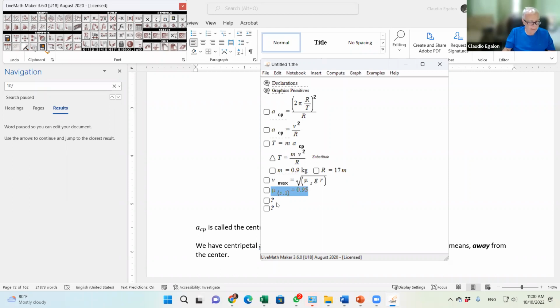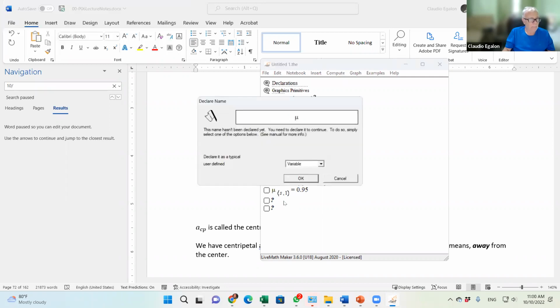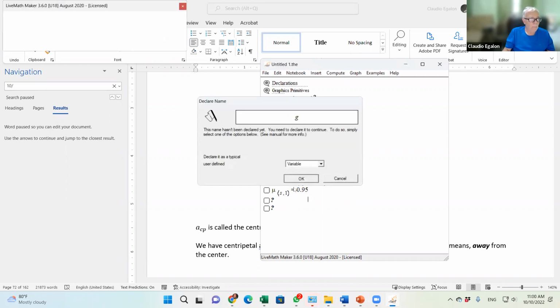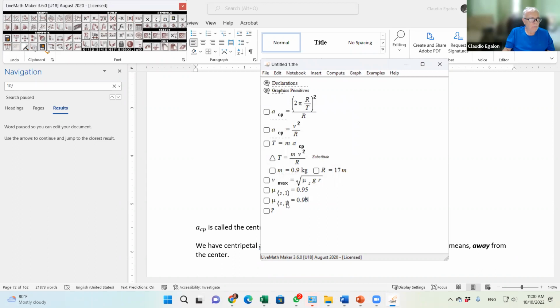And the second situation, mu sub s2, that's not dry pavement, it's icy pavement. Let's solve for the first one first, right?